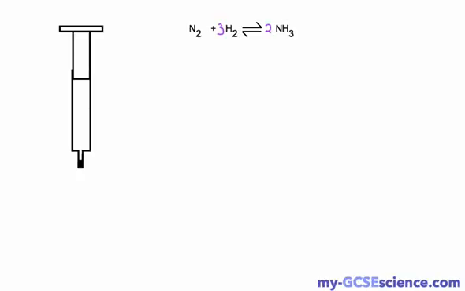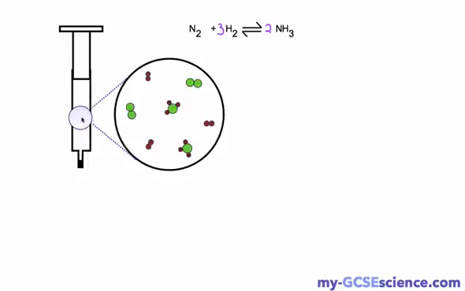Now imagine I've got a syringe here full of nitrogen and hydrogen, which is happily reacting to make our ammonia. You can imagine at some point we reach equilibrium, and if we just have a look inside to see what's going on, we have our gases, nitrogen and hydrogen and ammonia, and they are happily reacting in each direction. But what we could do is actually increase the pressure inside there.